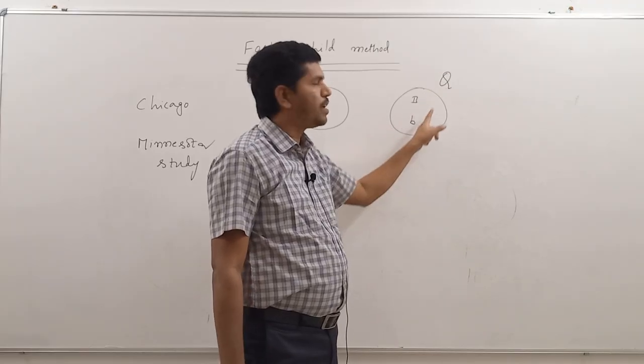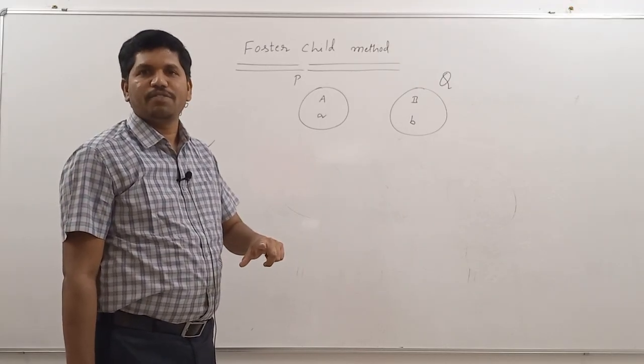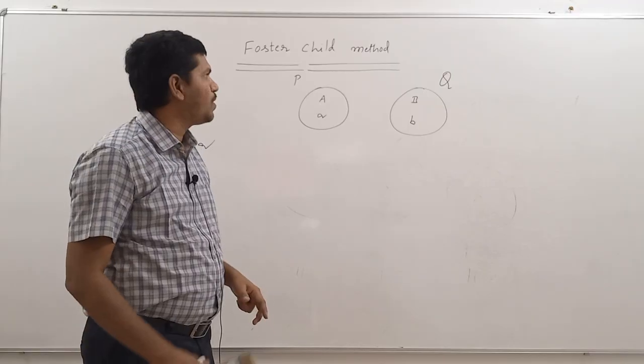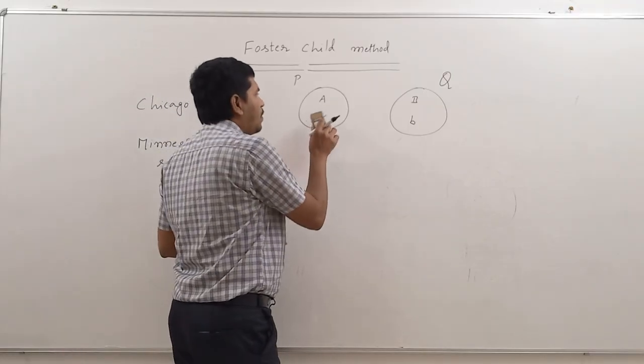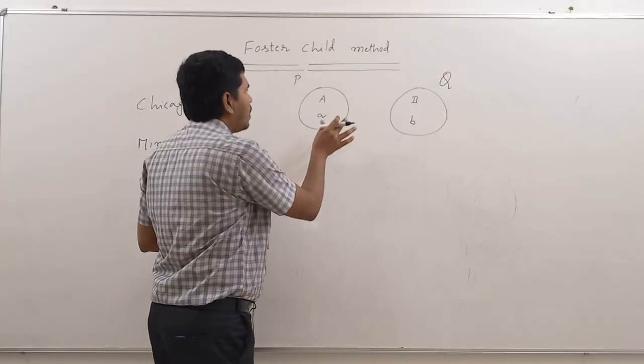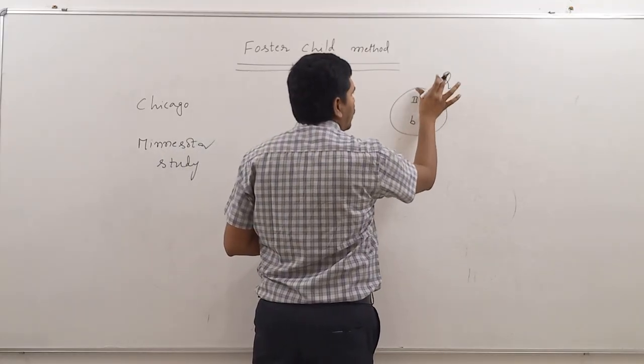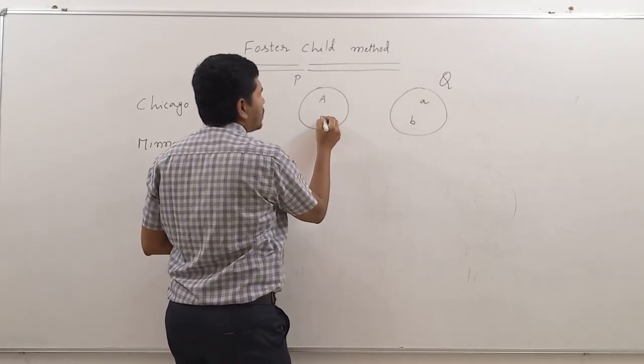Why? Because common parentage, common environment. Now we want to separate the respective influence of heredity and environment. How? Let us see. Now, they exchanged the children between these two families. Small a is placed here and capital B is placed here.